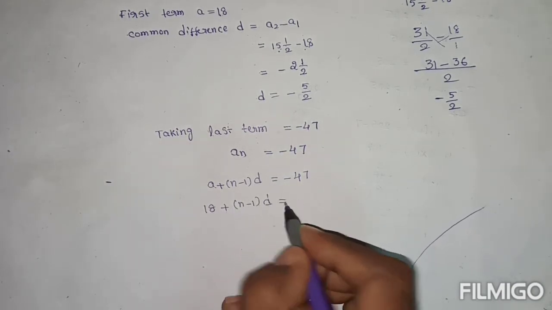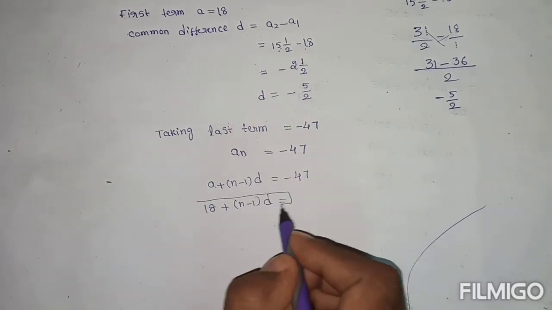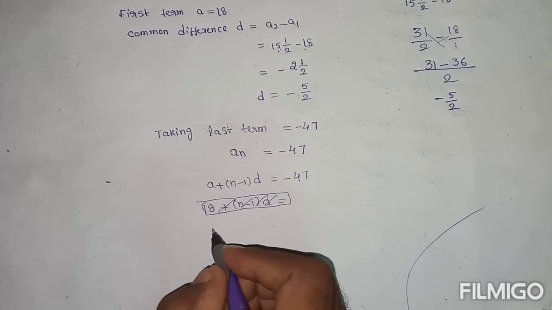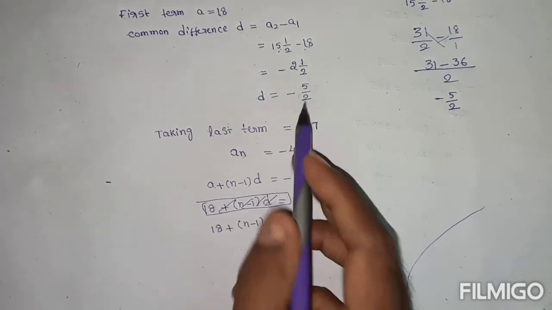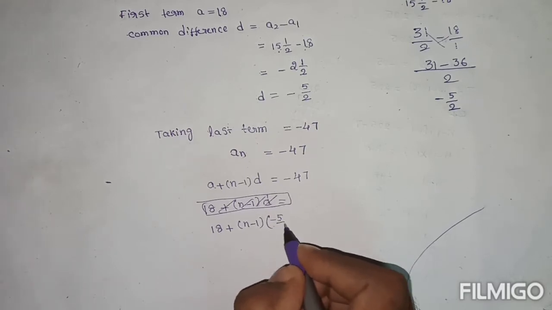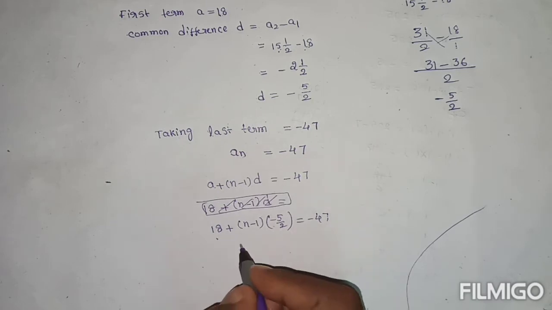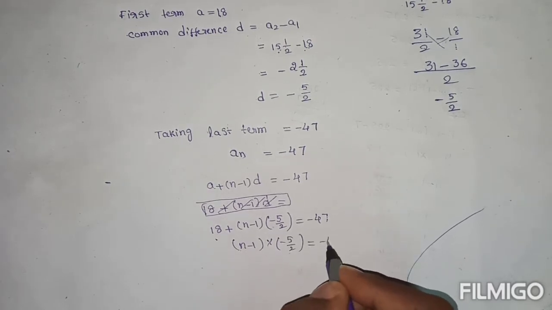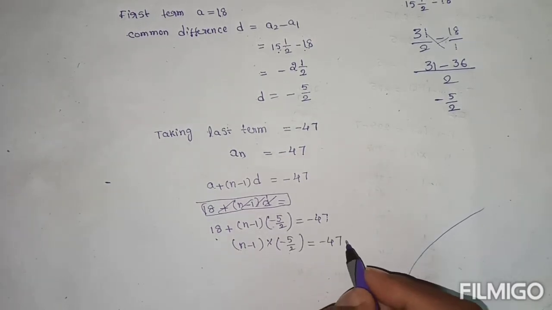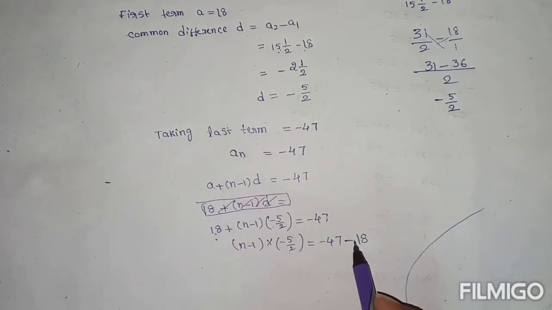D is equal to minus 5 by 2. So 18 plus n minus 1 into D value, minus 5 by 2, is equal to minus 47. So plus 18 is transposing: n minus 1 into minus 5 by 2 is equal to minus 47 minus 18.